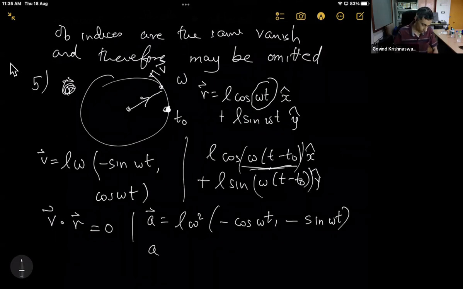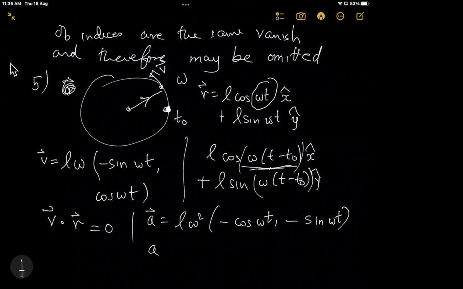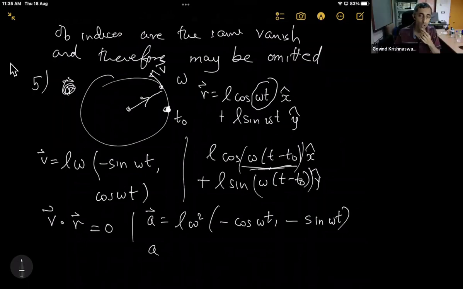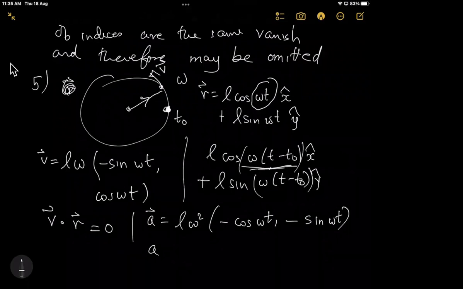So we notice, yes, please. Sir, I didn't write it in general time t. I just wrote it for time t equals 0. Is that fine? Ah, you wrote the position and acceleration and so on only at time 0, is it? Okay. Yes, sir. Because I didn't see it mentioned at general time.